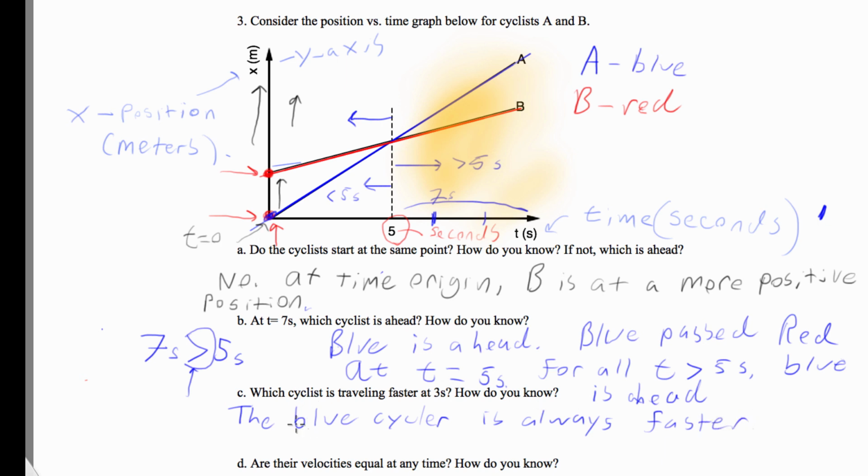If he's always faster, that means that 3 seconds is part of always. So thus, at 3 seconds, the blue cyclist is faster.